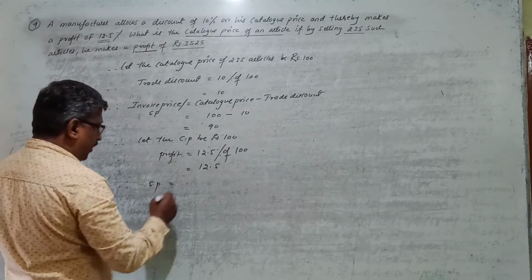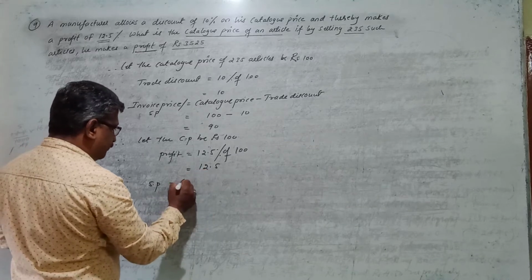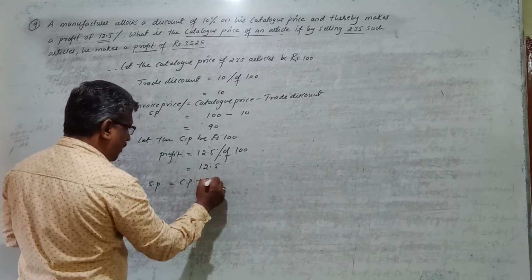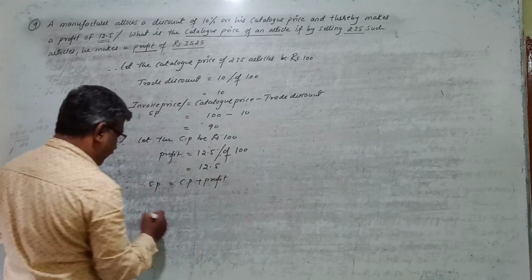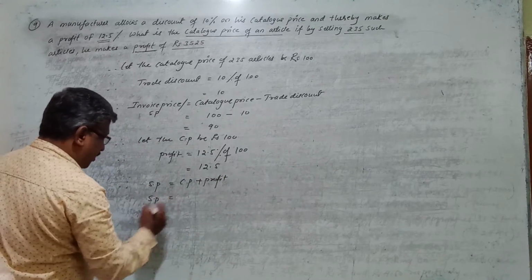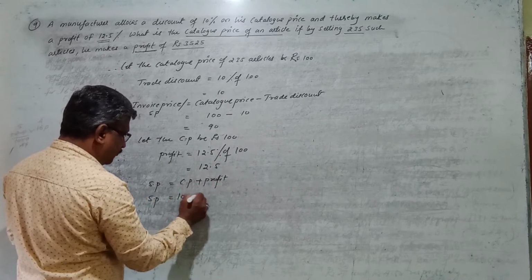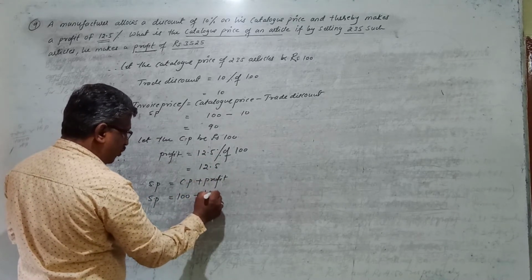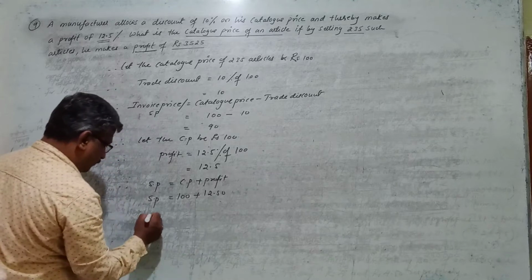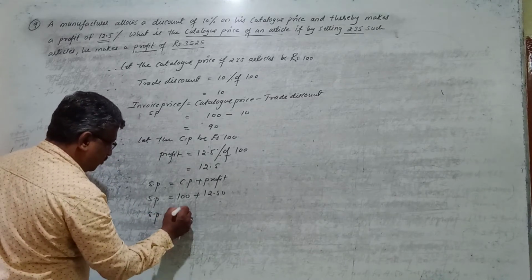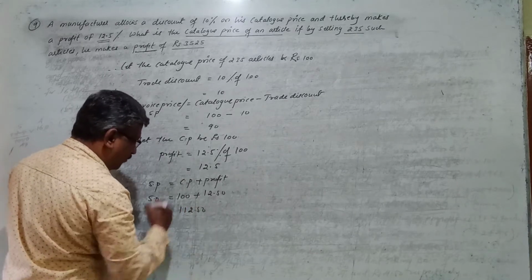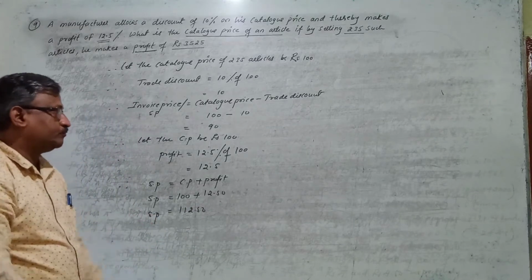So how to calculate the selling price when there is a profit? It is cost price plus the profit. So selling price is equal to cost price, which is 100, plus profit, 12 rupees 50 paise, so my selling price comes to 112 rupees 50 paise.